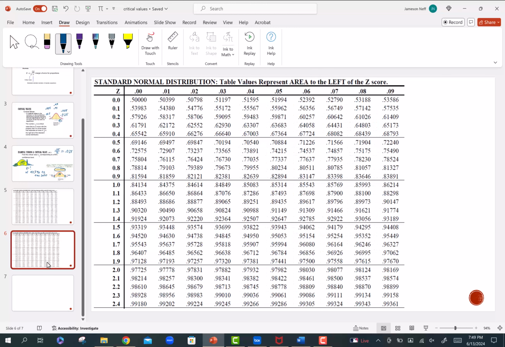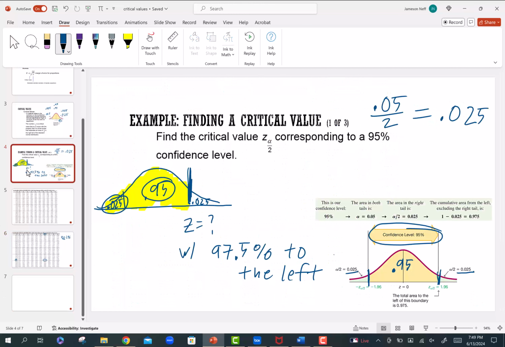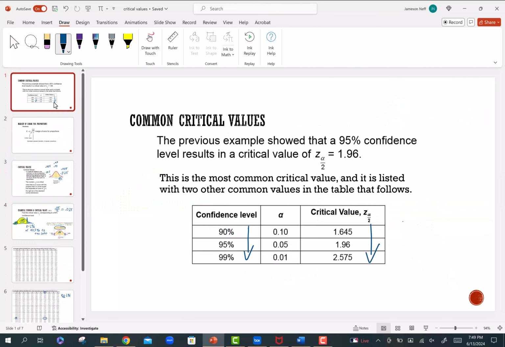I'm looking for the number that's closest to 97.5, which is exactly as it is right here. So notice this is z alpha over 2 of 1.96. So that z is 1.96, which is this value right here.